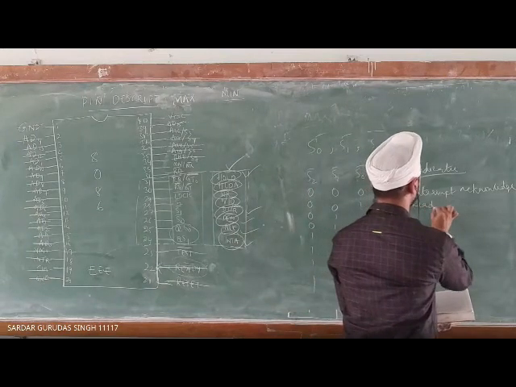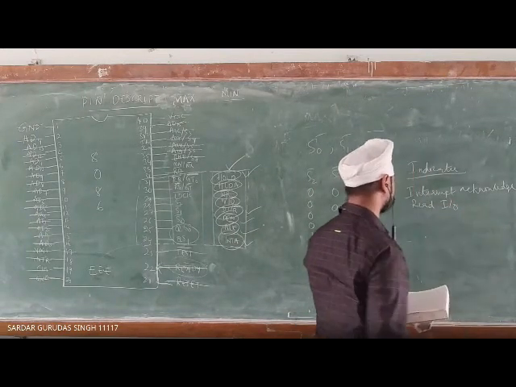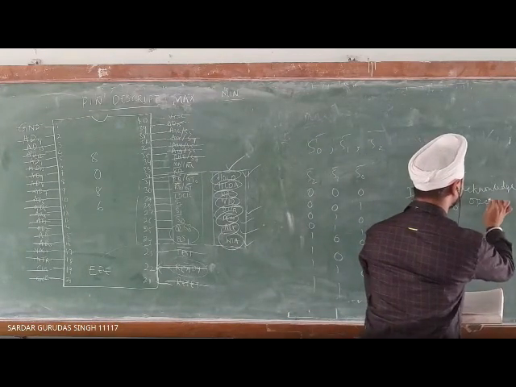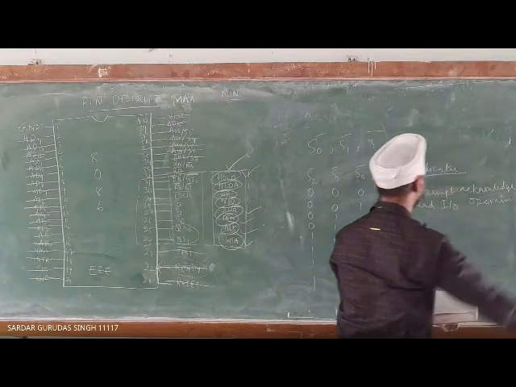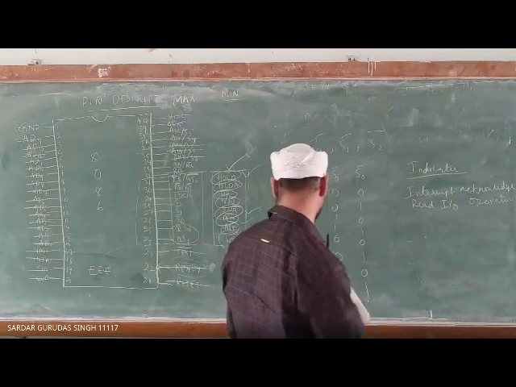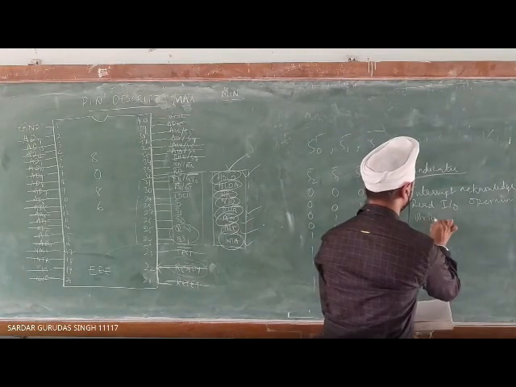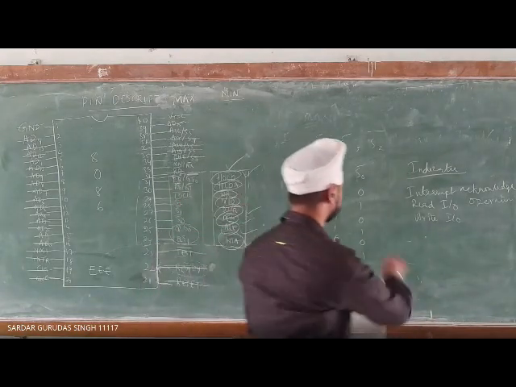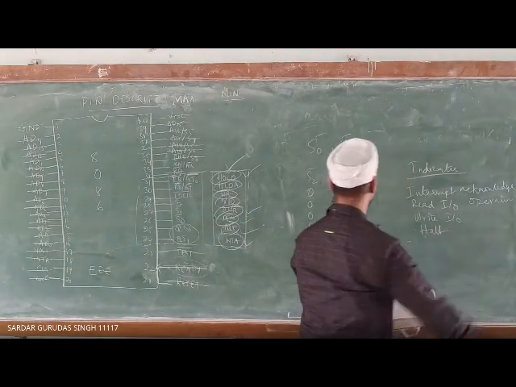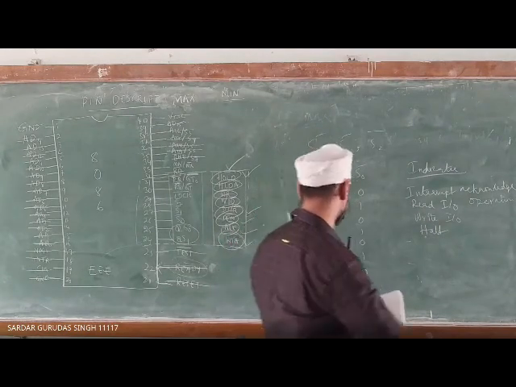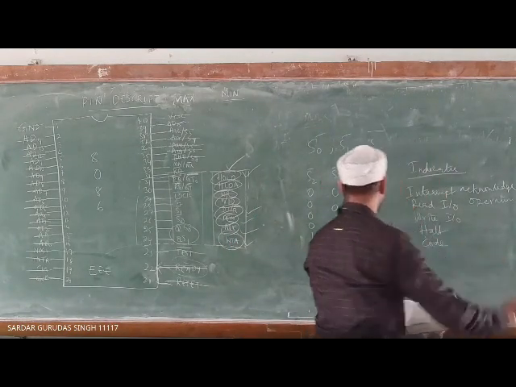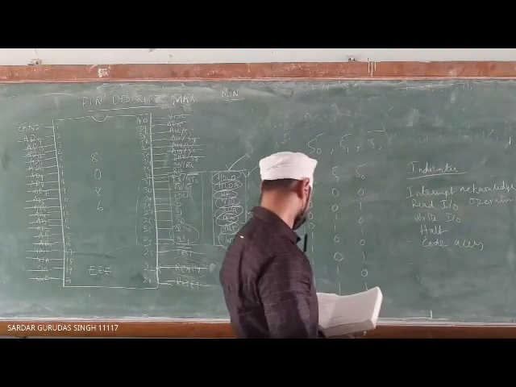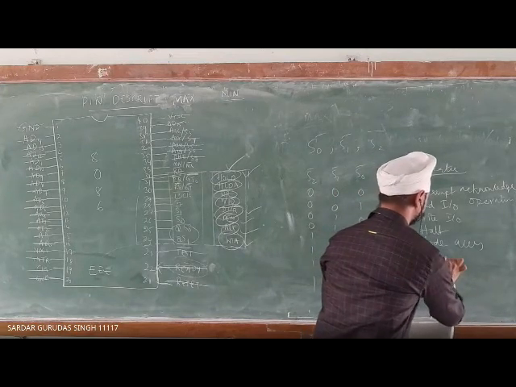If 001, it means that your processor is performing a read of input output, in the sense your processor is reading from an IO peripheral. 010, your processor is performing a write operation. 011, it is in the halt state. 100, it is accessing the code. It is reading the memory.